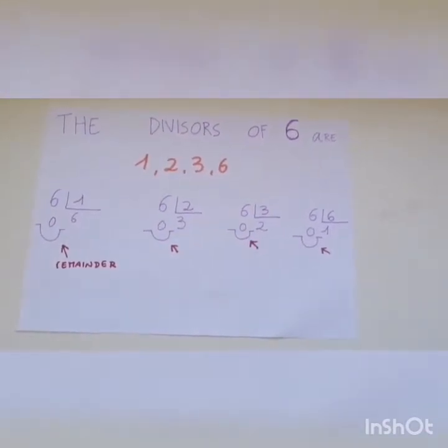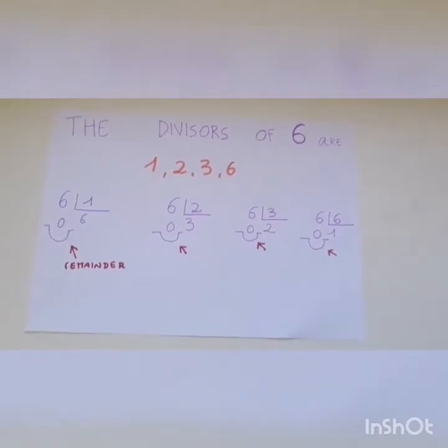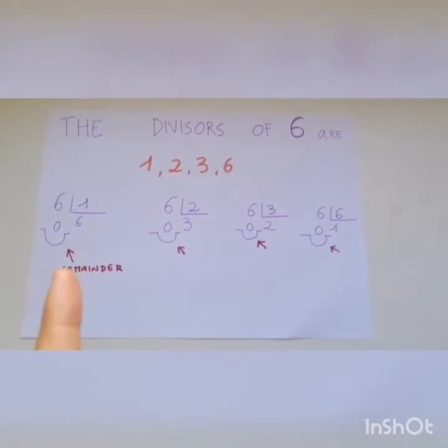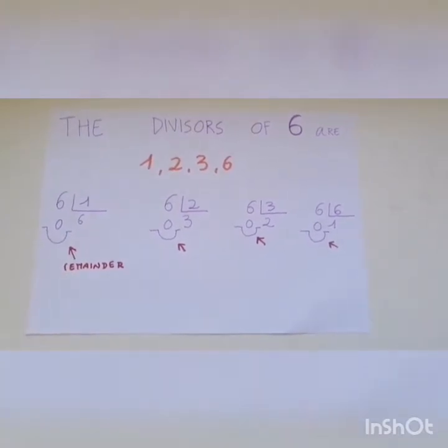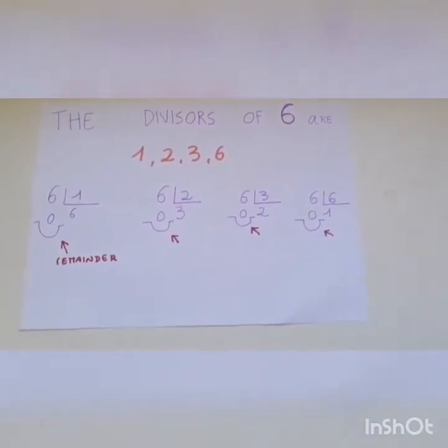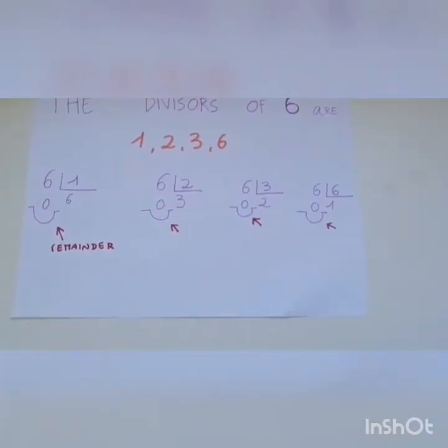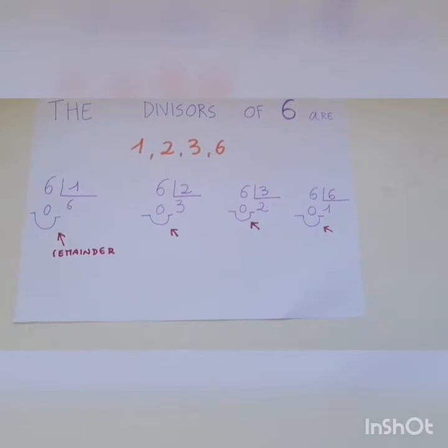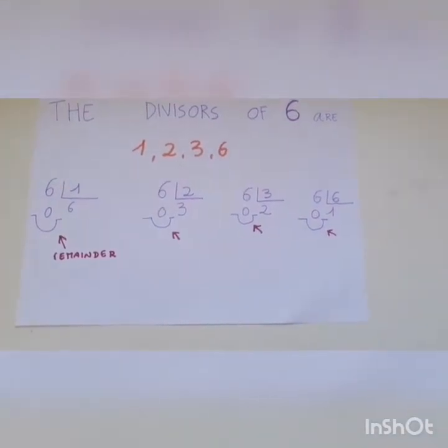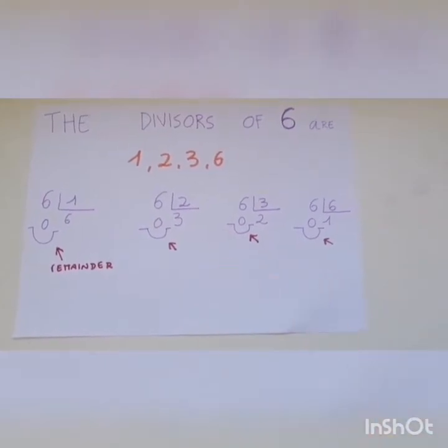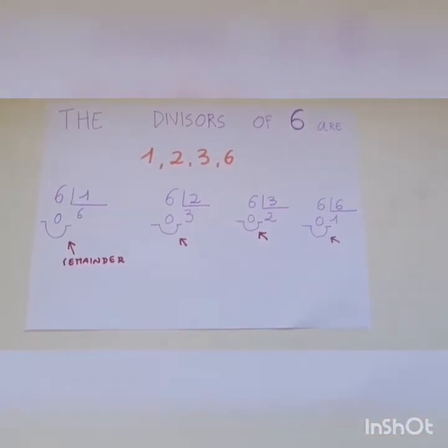Why? Because here, in the first division, if we divide 6 by 1, the remainder is 0. And we already know that the number 1 is the divisor of all numbers. In the second division, 6 divided by 2, the remainder is 0. 6 divided by 3, the remainder is 0.